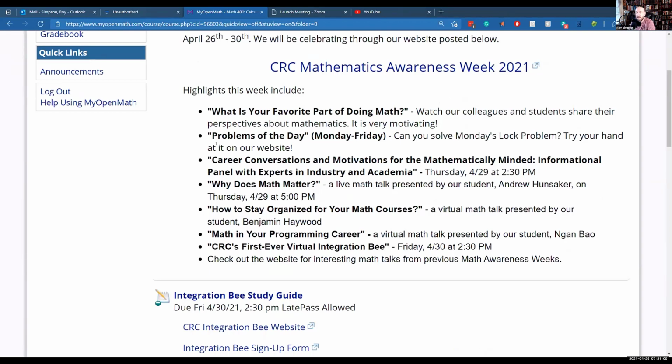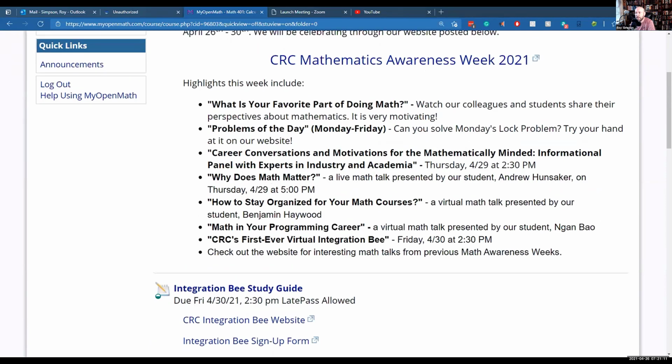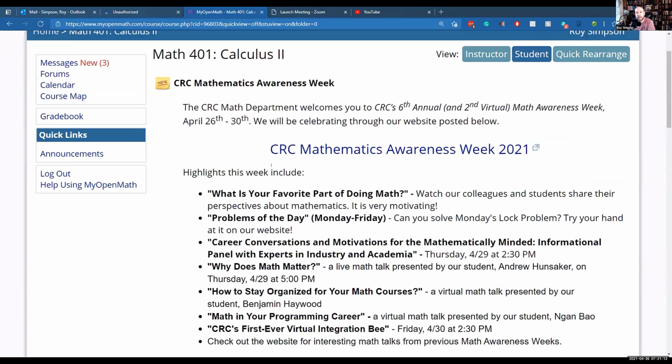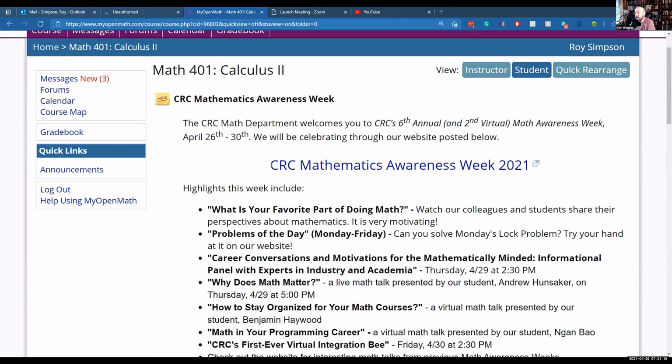So I recommend, if you love math, take a look at the CRC Mathematics Awareness Week website, and you might find some like-minded individuals to listen to there. It's really our annual big event, although because of COVID it's been slightly on hiatus for the past 2 years, but still such a fun event for most students.